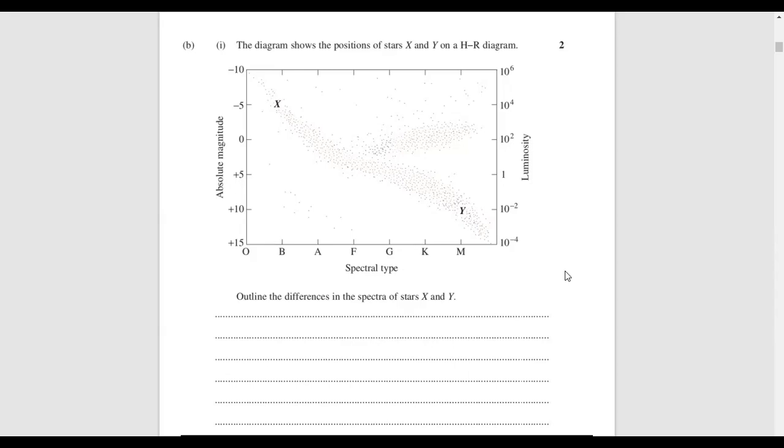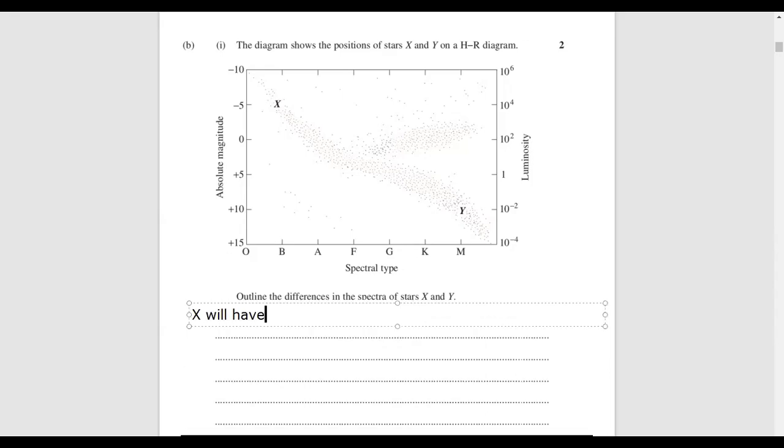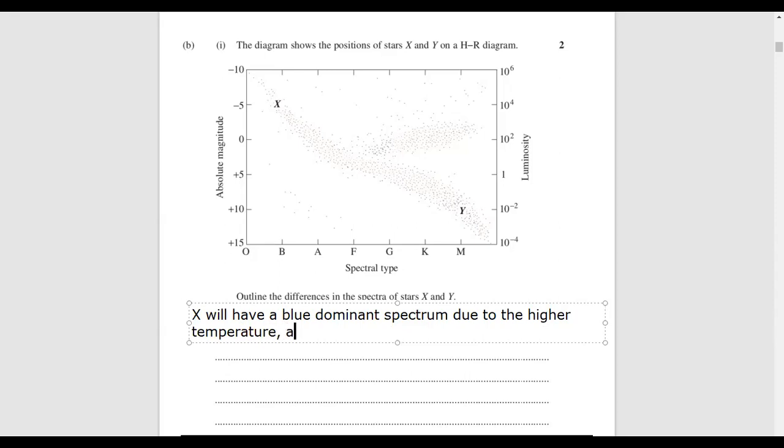Okay, so something along the lines of, we'd expect X will have a largely blue dominant spectrum due to the high temperature, and have He ion lines and more UV.